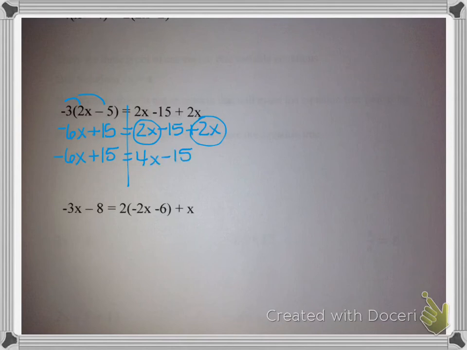So 2x plus 2x is 4x. Again, I'm going to move this 4x over with the 6x, and to do that I have to do the inverse operation. It's positive, so I have to make it a negative. So negative 6x minus 4x is negative 10x. Again, those sign or integer rules are important.